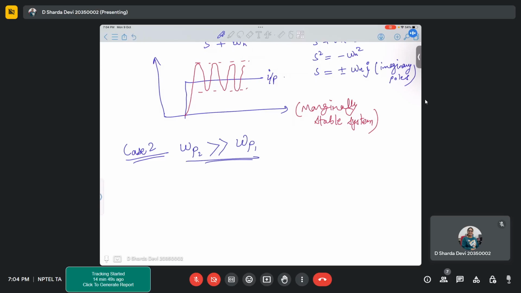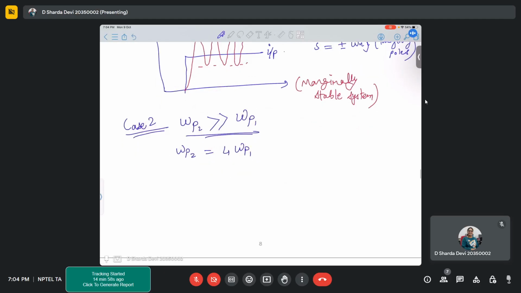Ideally, let's take omega p2 as 4 times omega p1, just for a value. So how do we write our alpha? It is (omega p1 plus omega p2) upon root under ADC omega p1 omega p2.